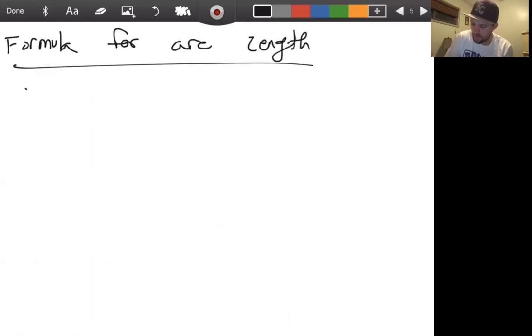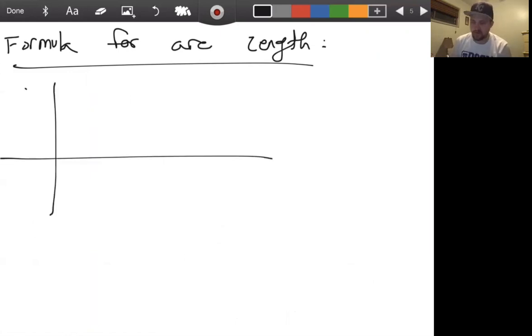Now let's look at a formula for arc length. Okay, so for arc length now, let's use the same notation for our partition. We're going to need another partition here.